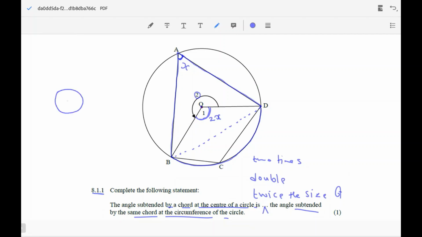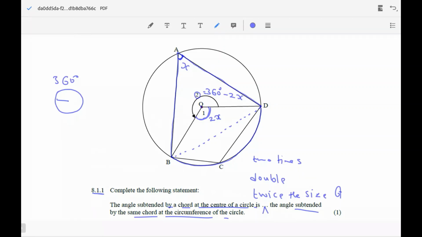A revolution, meaning that is 360 degrees. So if we have one angle as 2x, that means our angle O2 should indeed be 360 degrees minus the 2x. So we have got another angle at the center.